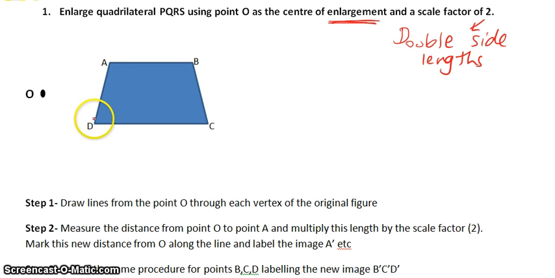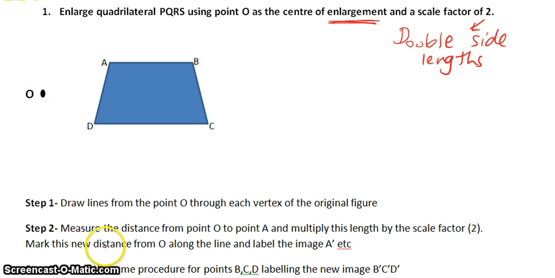So say this was 4 centimeters here, this side AD. You get your ruler from O through point A and measure until you get 8 centimeters, and then draw a point there. From BC, same thing. Well, if this was 4, that would have to be 4 too. So from here, you measure 8 centimeters and you put a point.